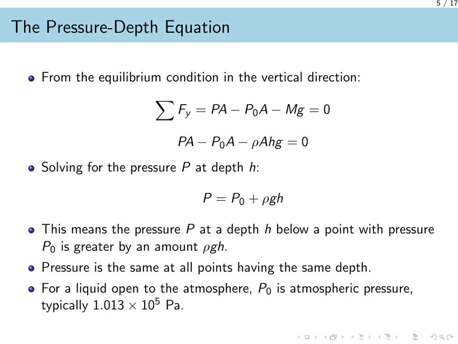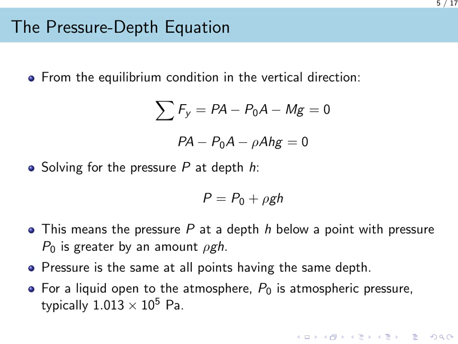This slide shows how we derive the fundamental equation for pressure as a function of depth in a fluid. This relationship is crucial for understanding how pressure behaves in liquids, from the depths of the ocean to the fluid in a hydraulic lift. We begin by applying Newton's first law to a parcel of fluid in static equilibrium.